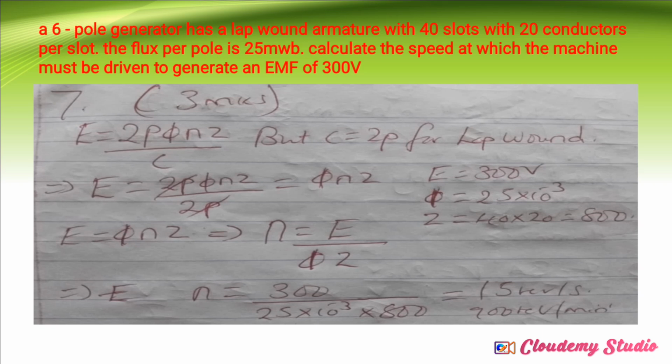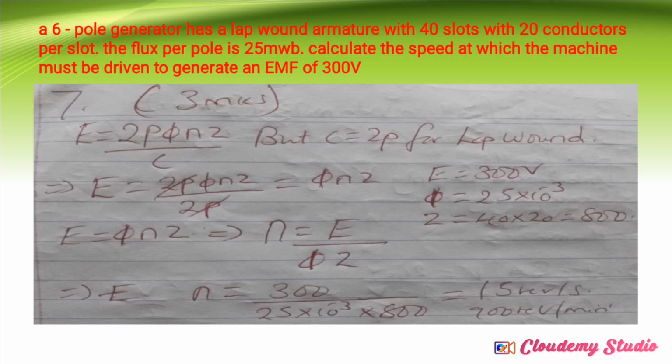I said, when we were doing the structure of the armature, the action of the armature and the commutator, then we did some calculations. The generated EMF is equal to 2P phi N Z divided by C. 2P represents the number of poles, where P is the number of pairs, so if it's a 6-pole machine, we divide 6 by 2 to get the number of pairs.